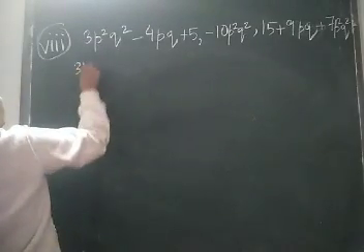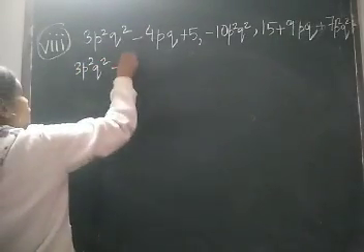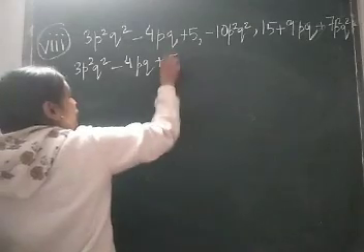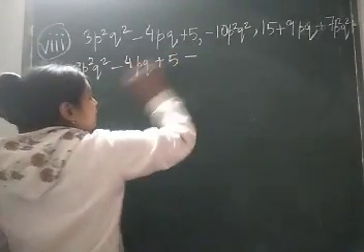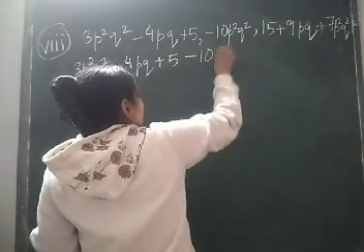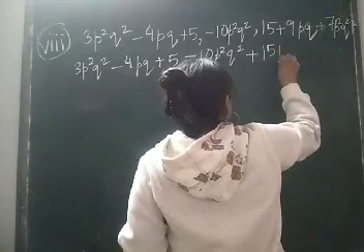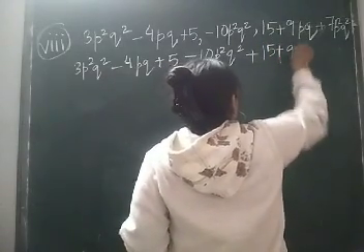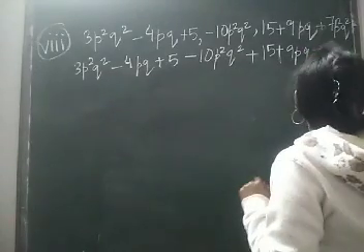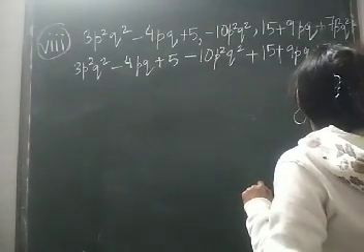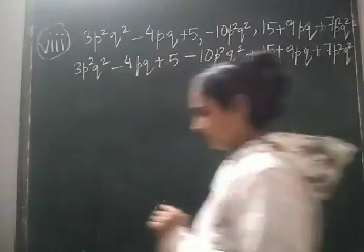So 3p square q square minus 4pq plus 5, plus minus 10p square q square, and there only plus plus, 15 plus 9pq plus 7p square q square.